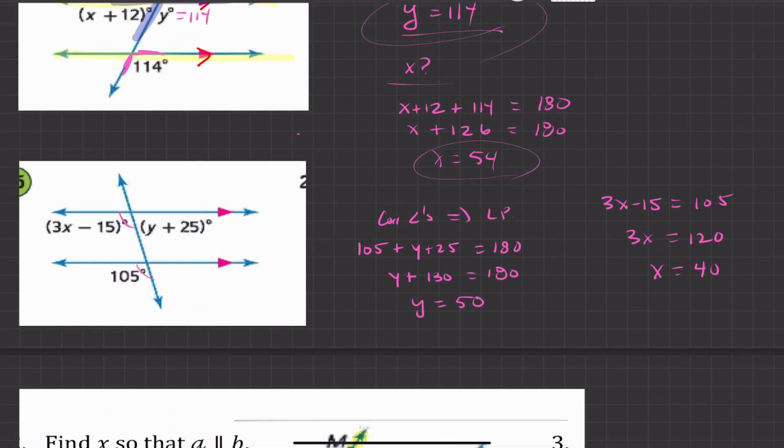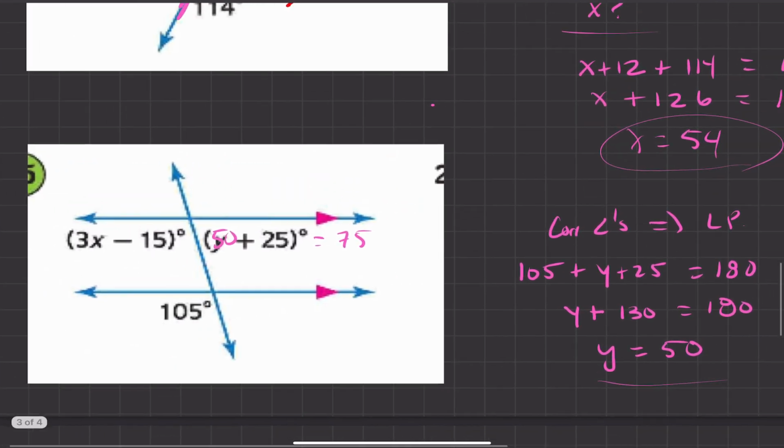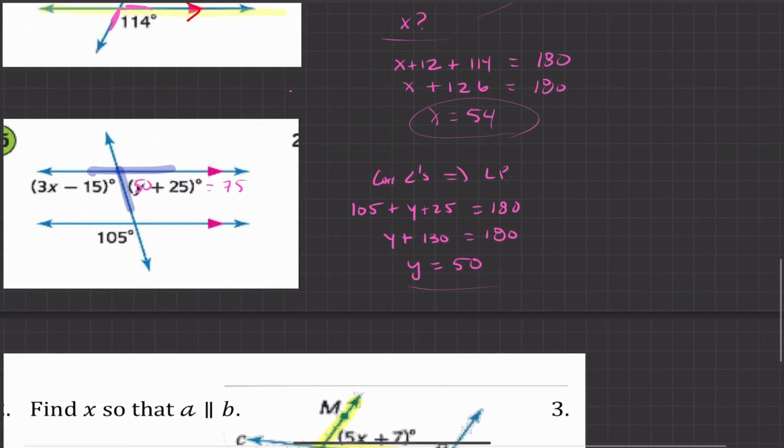What's the other way? If you didn't notice they were corresponding, well, if you know what y is equal to, 50, then I do 50 plus 25, that's 75, and then this forms a linear pair. So you can do 3x minus 15 plus 50 plus 25 is equal to, actually, I don't need to write 50 plus 25 because I already know that's 75, which is equal to 180.